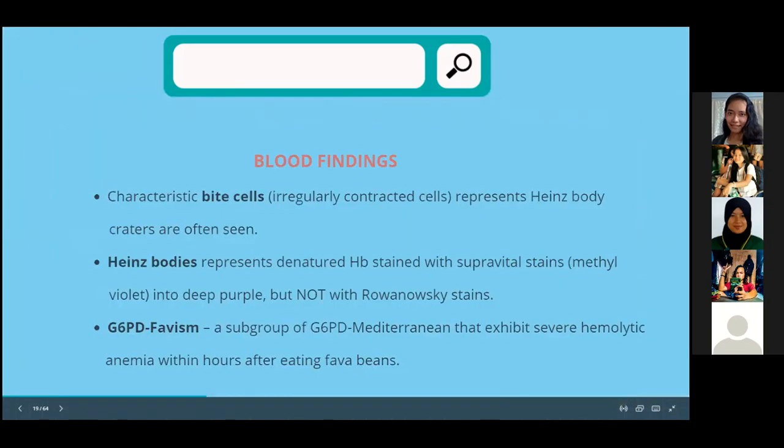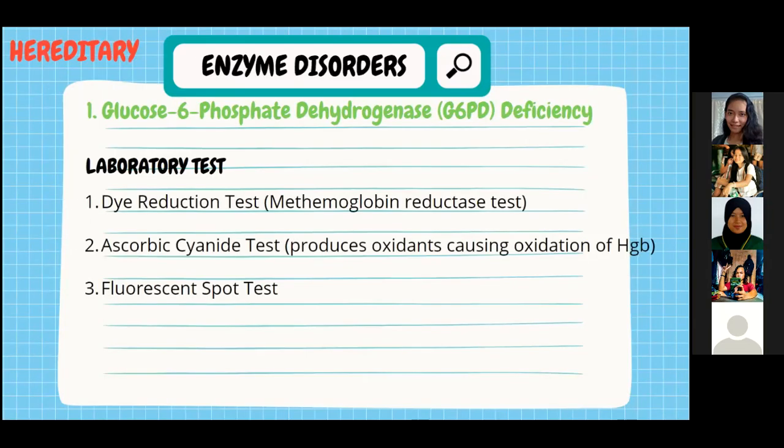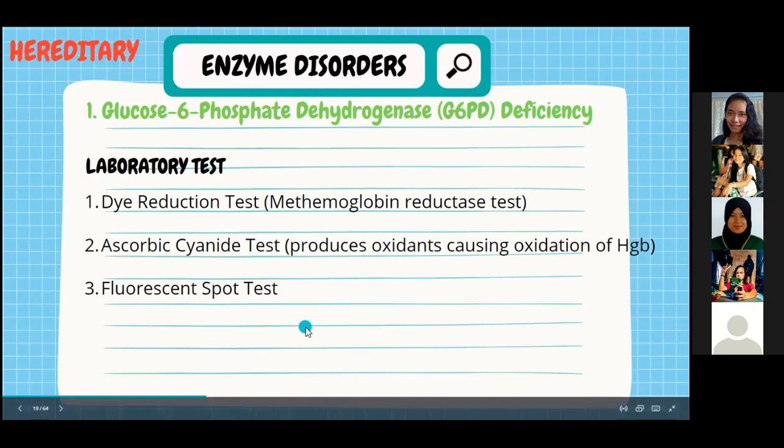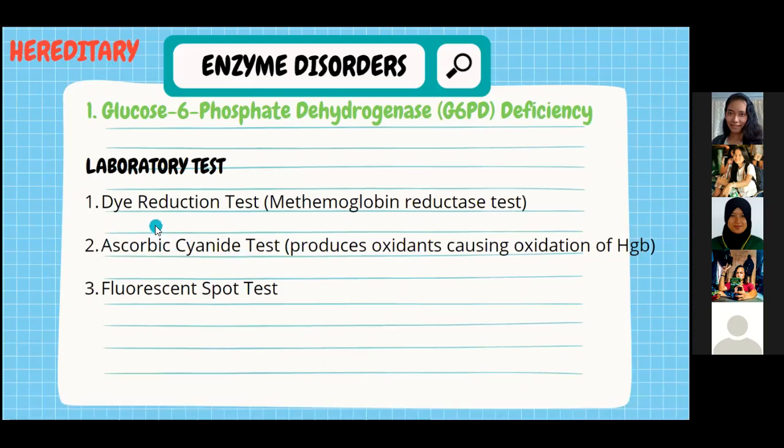So the next one is the laboratory test. Under G6PD, we have 3 tests: the dye reduction test, the methemoglobin reduction test, the ascorbate cyanide test, and the fluorescent spot test.